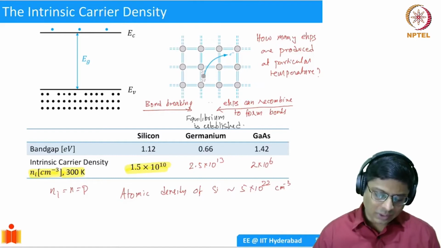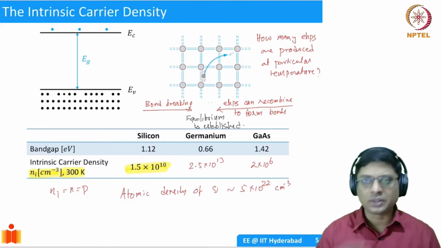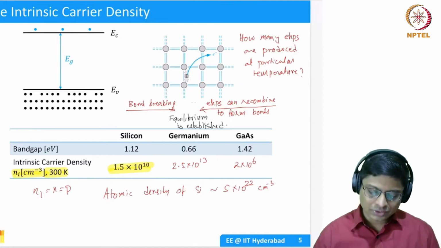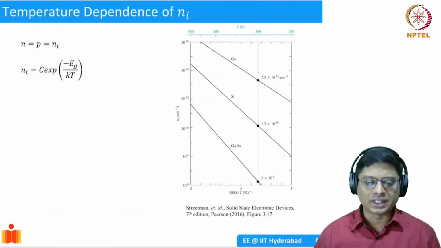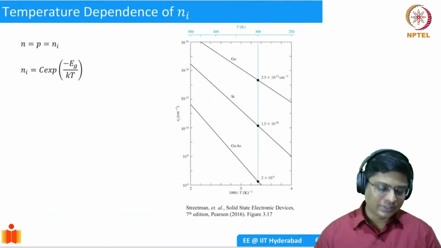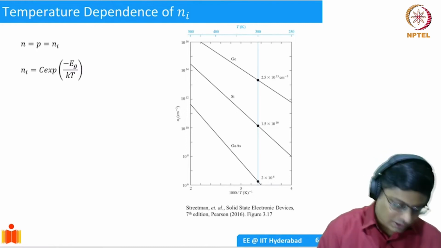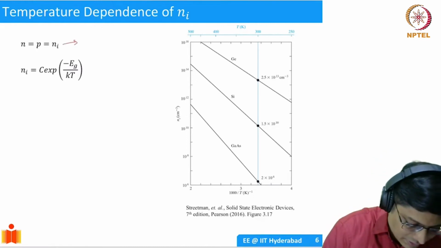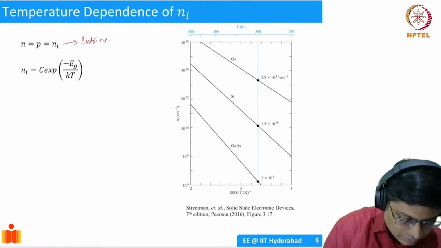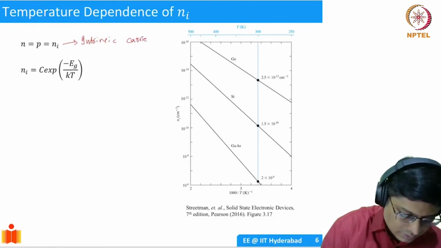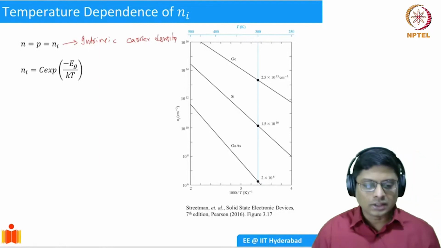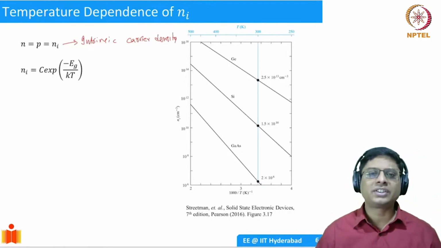And how does this number change with temperature? We've already talked about it in our discussion initially. Ni is simply the intrinsic carrier density. We said that intrinsic carrier density is going to be proportional to exponential minus Eg by kT.